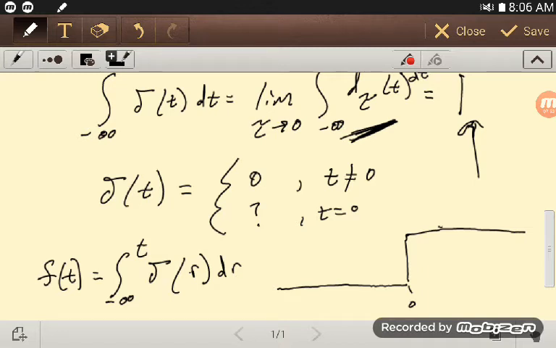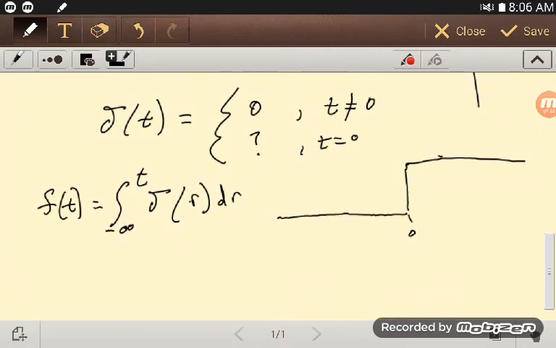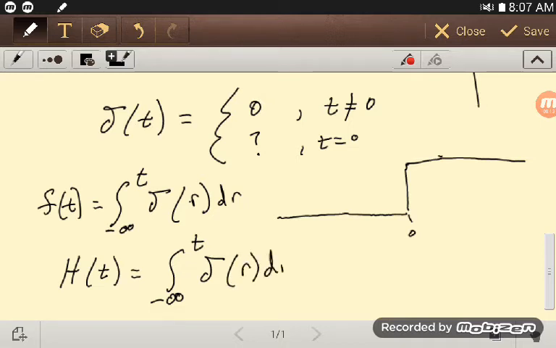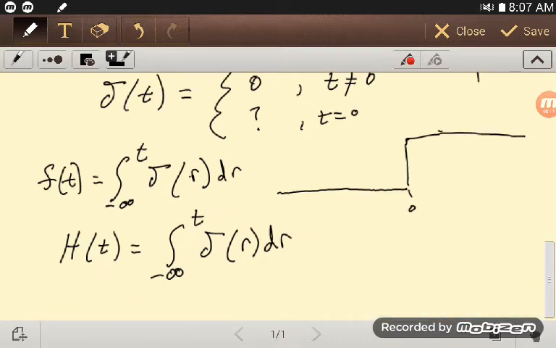That's the unit step function, or the Heaviside function. So our Heaviside function is the antiderivative of this delta function. That's an interesting connection.